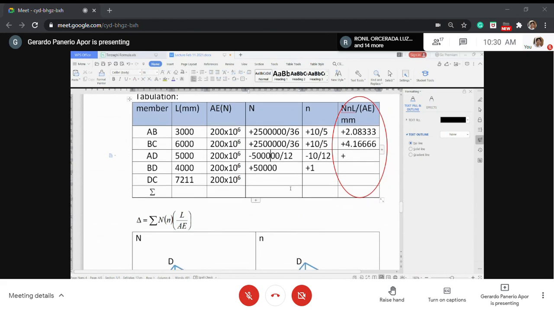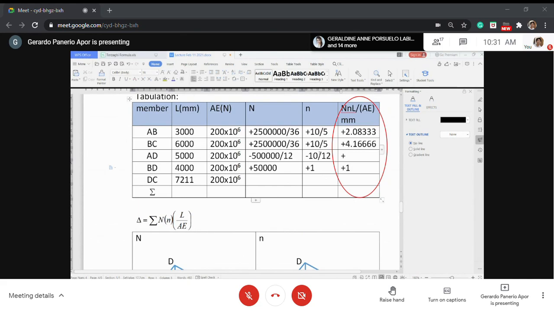So for this one, this is positive still. You have 4,000 times 50, 1, 2, 3, divided by 200, 1, 2, 3, 4 times 6. This is 1 in n. Okay.